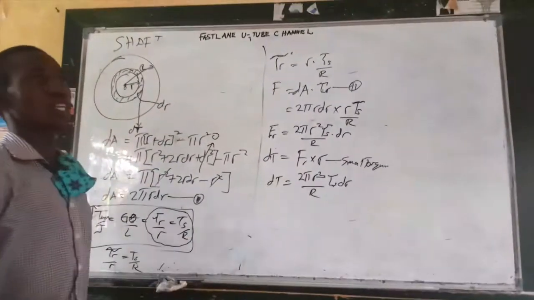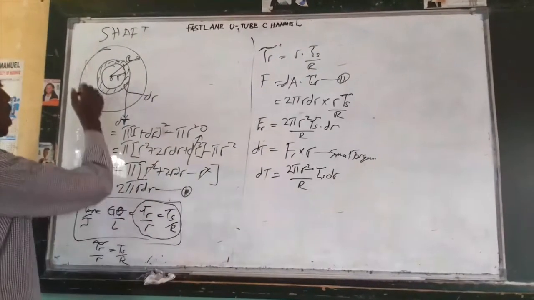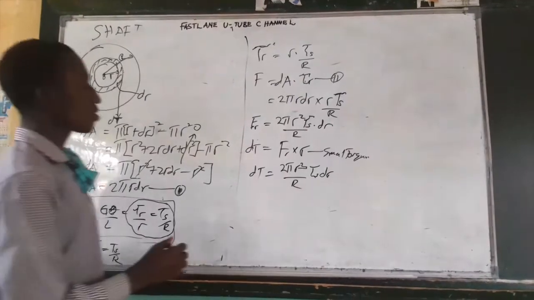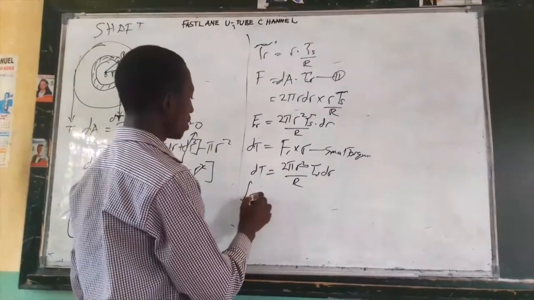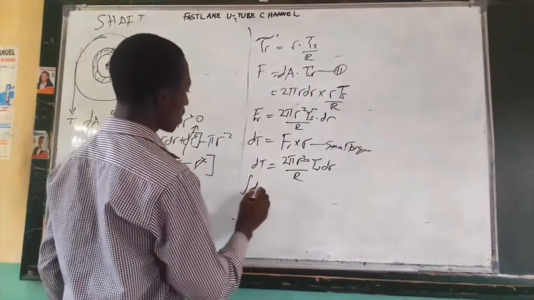Now to obtain the total maximum torque T acting on the whole shaft, we integrate dT.